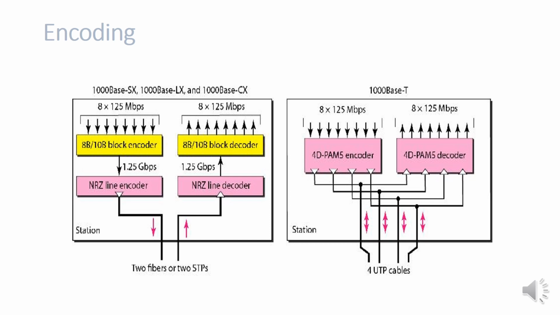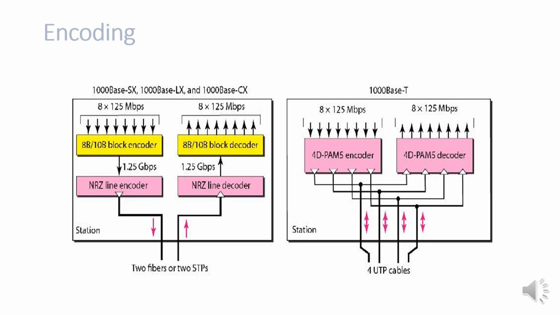If you are using 1000Base-T, we can use a 4D/PAM5 encoder as well as a 4D/PAM5 decoder block. So with respect to the different implementation methods, we can adopt different encoders and decoders at the sender and receiver nodes.